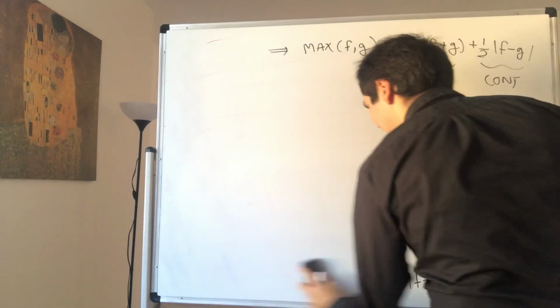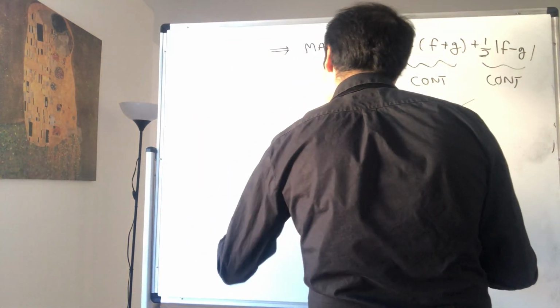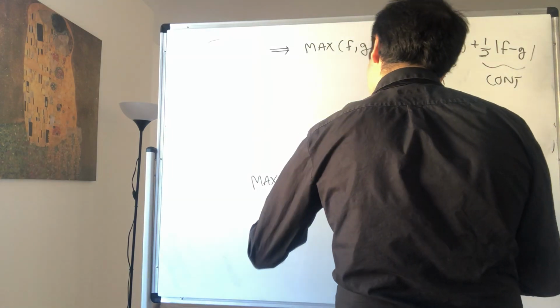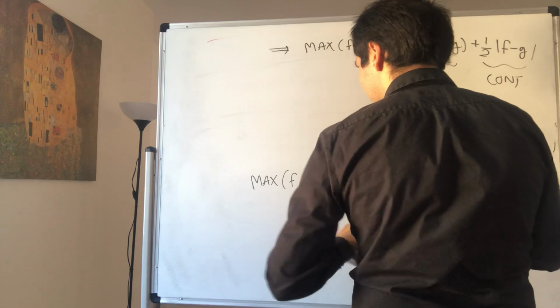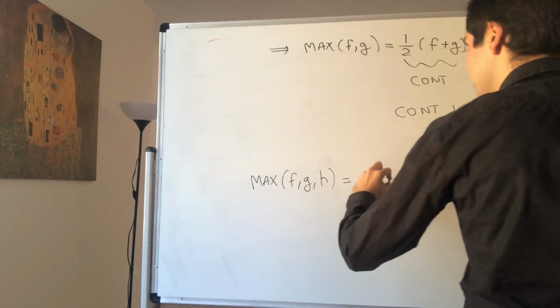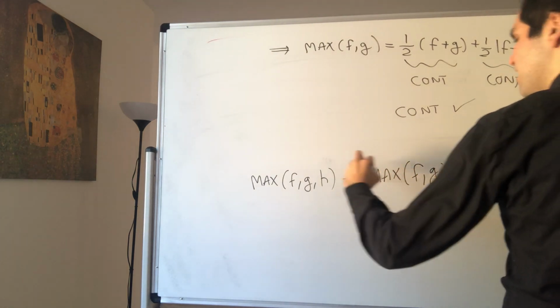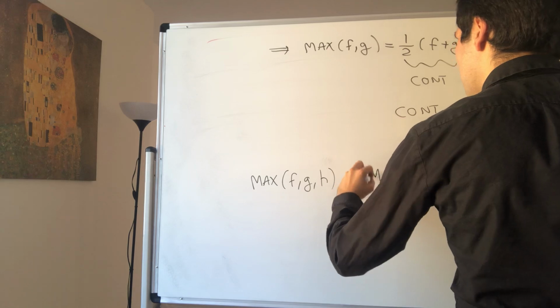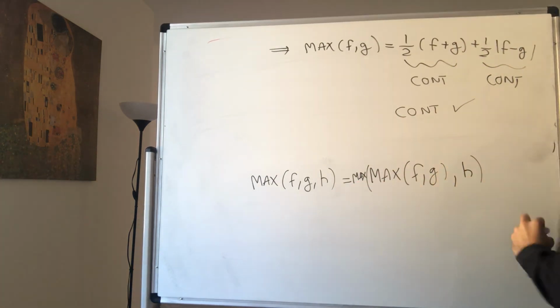And then just two quick remarks. Well, what about the maximum of three functions, f, g, h? Well, interestingly, you can just use the fact before because the max of three functions is you first take the max of the first two functions and you compare it to the third function.